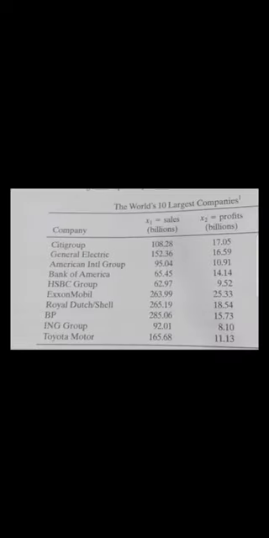Here x has two elements because we deal with two variables, x1 and x2. From our data, we have x1 and x2. For every observation, this is the example for the first row. So we put in here x1 is 108.28 and x2 is 17.05.